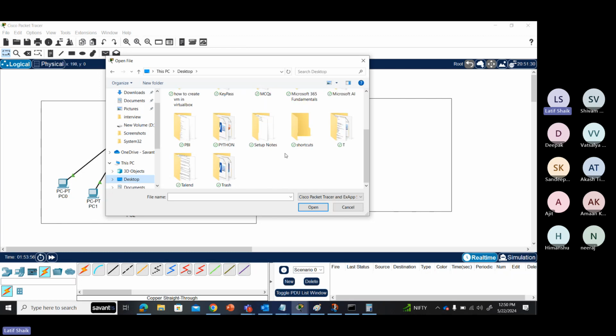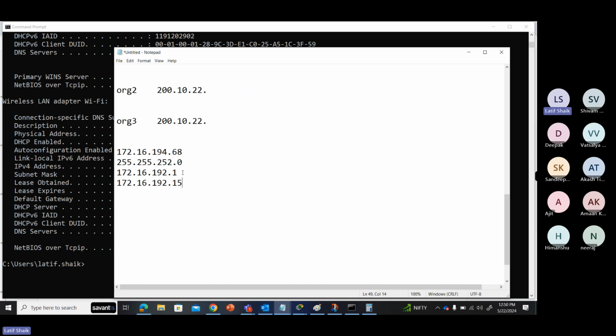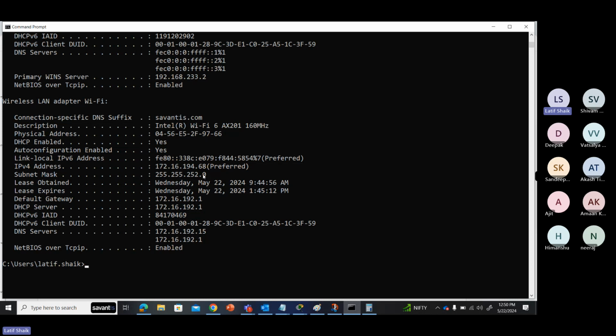Just don't do anything, leave it there. So what is meant by gateway? When I'm communicating within this network, it doesn't require a gateway to go outside. But when I'm communicating with google.com or facebook.com, which are not in my network, it has to go to the default gateway.